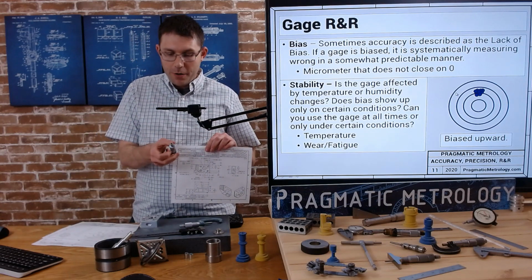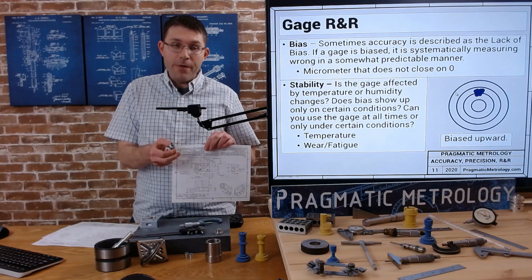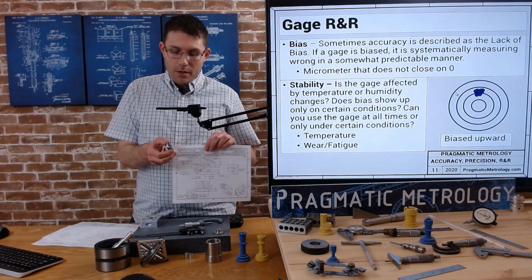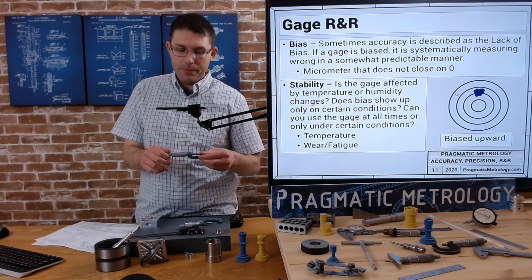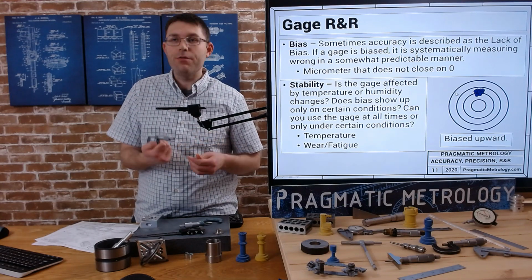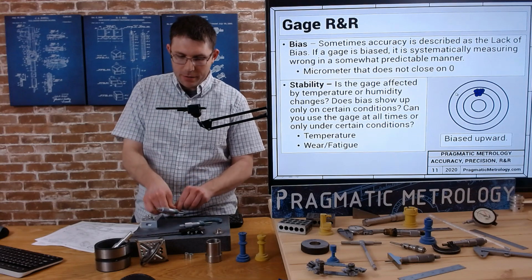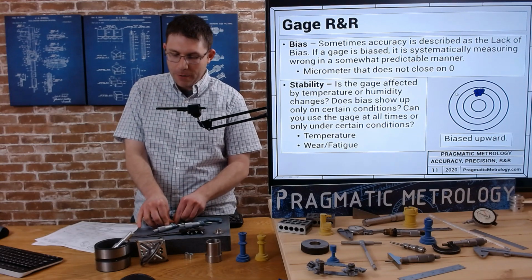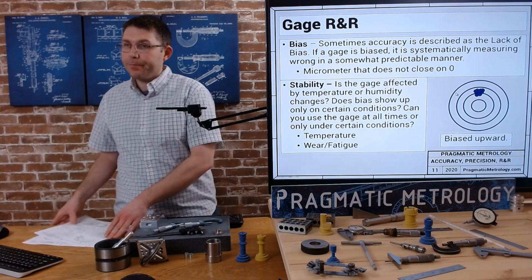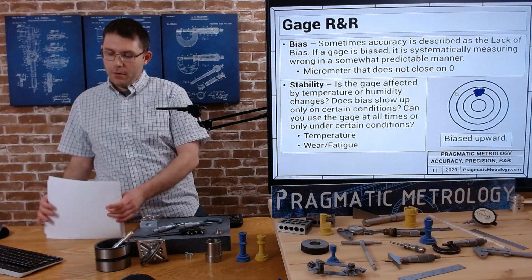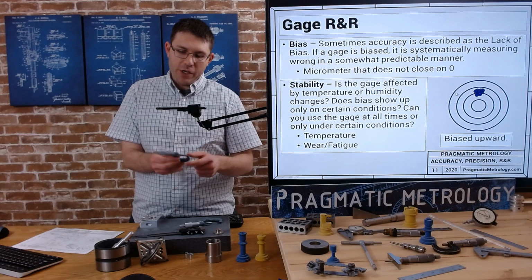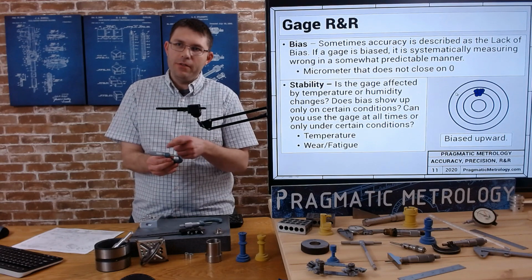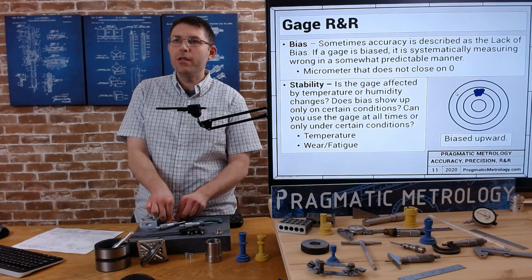If you're not starting at 0, it's very likely all the other measurements you take will be biased the same amount. Right now it's actually reading pretty good. I must have had a tiny scrap of something on the end. So when you're talking about a biased micrometer, calibrate it, check it at 0, check it a couple other places in the stroke, and you should be good.